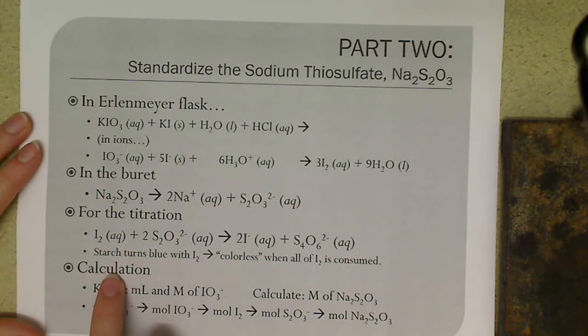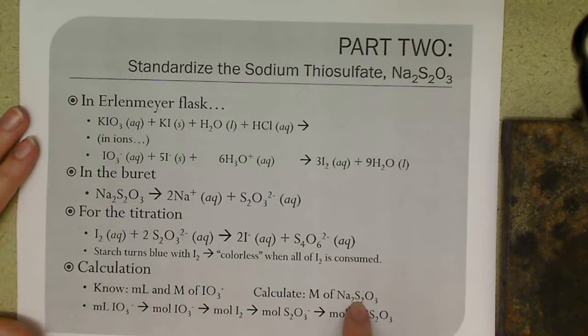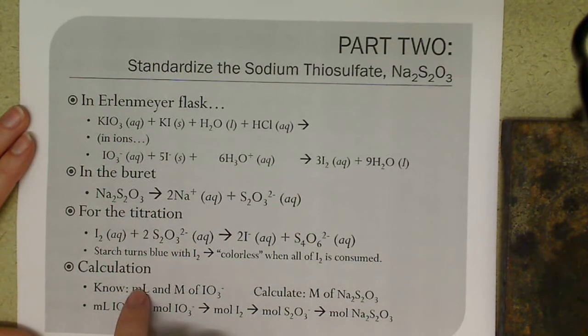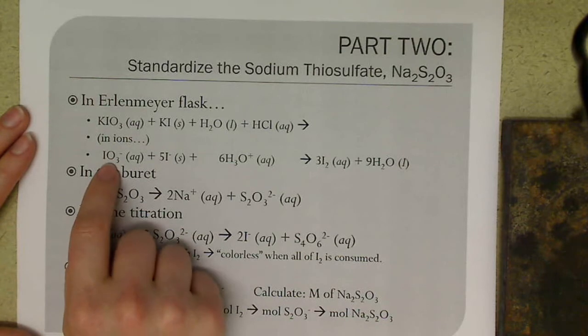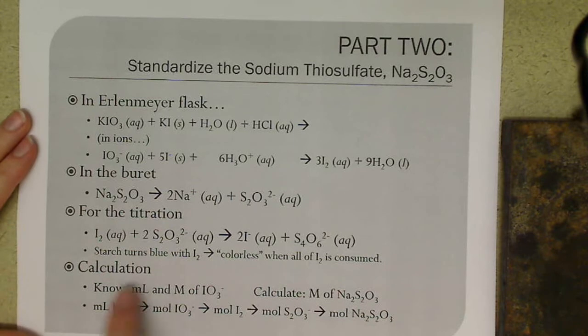For your calculation, we're trying to calculate the molarity of the sodium thiosulfate. So you know the milliliters and the molarity of your iodate solution, and you know your volume of sodium thiosulfate that was used, and that comes from your burette.